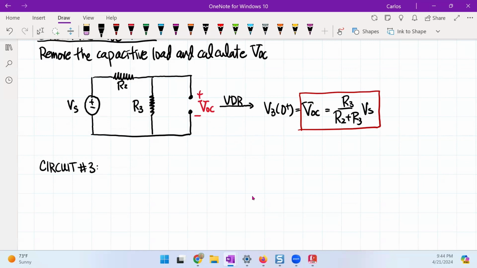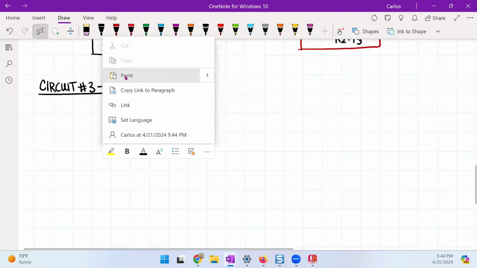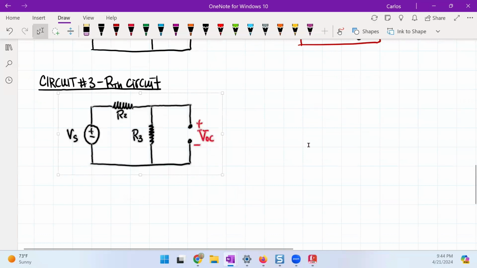And this is the RTH circuit. Remember, we have to short out the power supply.